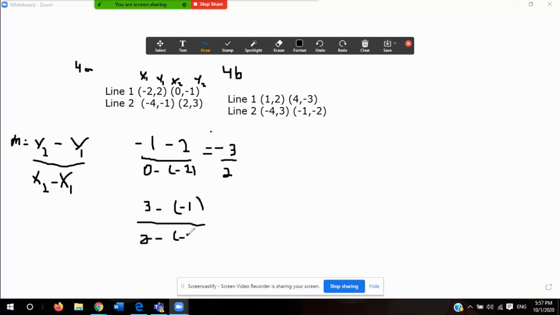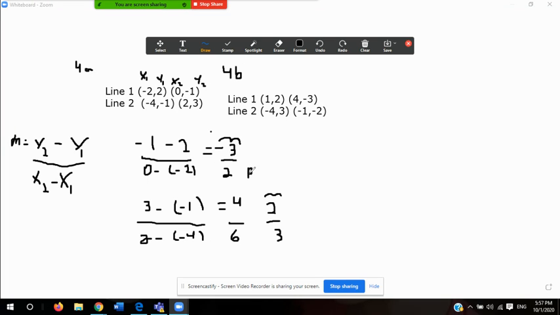So 3 minus -1 is going to equal positive 4. And 2 minus -4, I add that up and it equals 6. If I reduce this, I get that my answer is 2/3. So if I compare 2/3 to -3/2, I know that they're the negative reciprocal of each other, which means that these two lines are perpendicular.